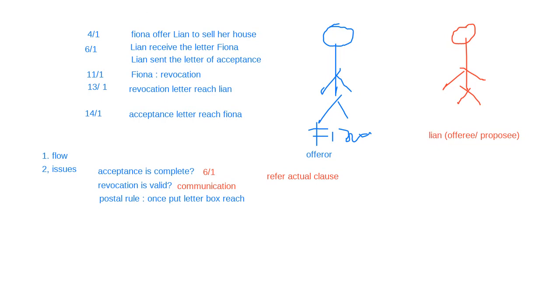So another issue is whether he can claim for breach of contract if Fiona refuses to continue with the contract. Okay, looking back at this scenario, if you refer back to the scenario as mentioned in the Contract Act, I go back to the slide. You can see our exercise number 1. Okay, look at this one.